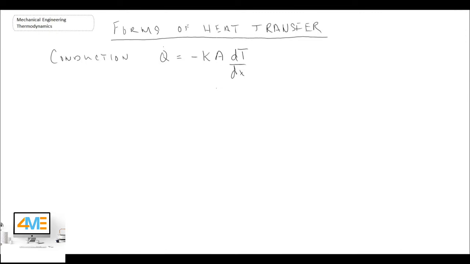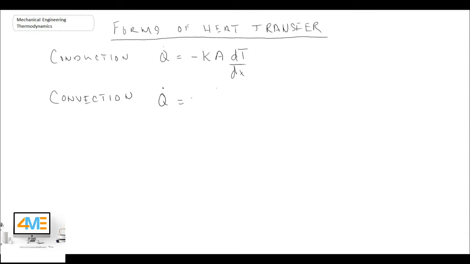A second form of heat transfer commonly found involves an interface between a solid boundary and a fluid. That is what we call convective heat transfer, or convection. This usually involves a fluid flowing and carrying the thermal energy within the fluid itself away from the boundary.